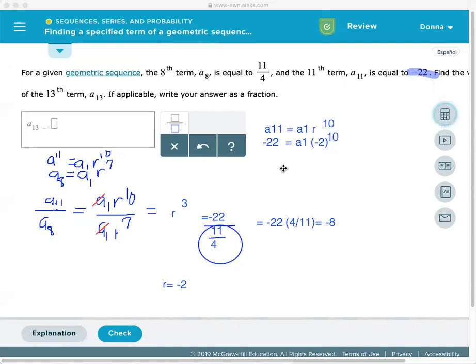So I get A1 is equal to negative 22 divided by negative 2 to the 10th. And then on this side, it'll cancel when I divide by negative 2 to the 10th.